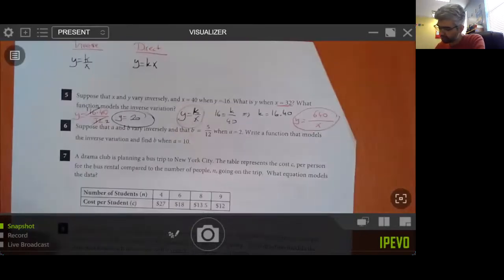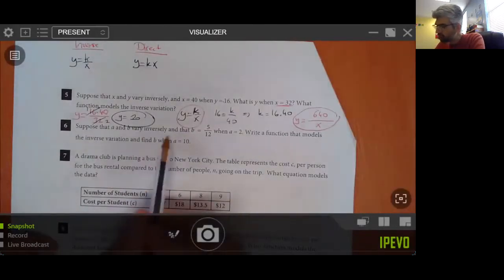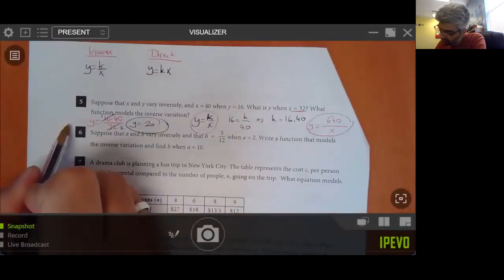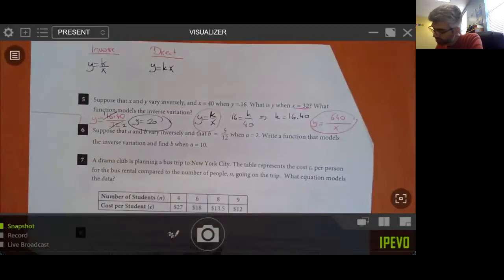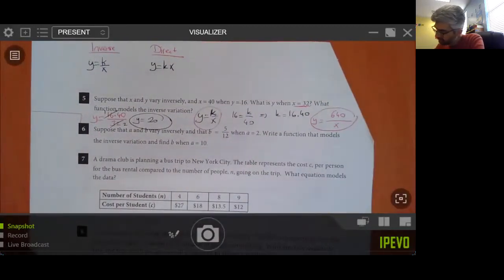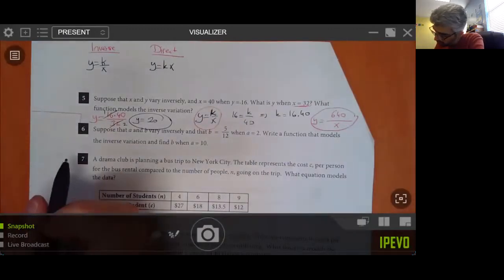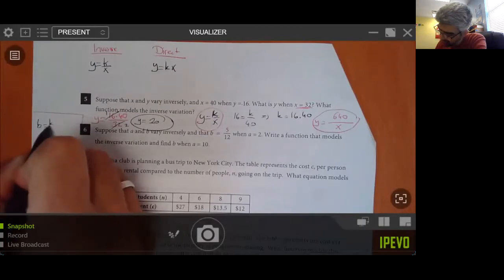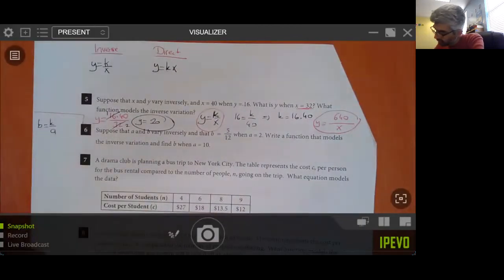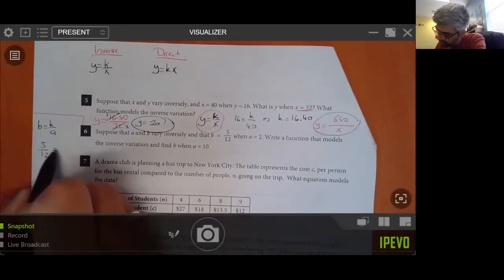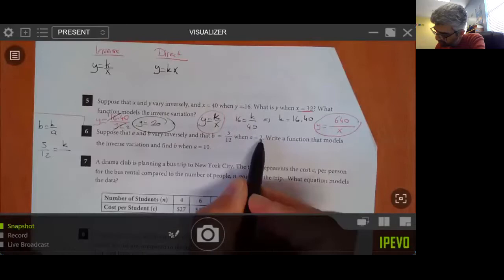Number 6. Suppose that a and b vary inversely, so here we have a and b. Let me solve it here. B and A values are given. A and B vary inversely, so let's write it as B is K over A. B is 5 over 12 equals K over A, which is 2.